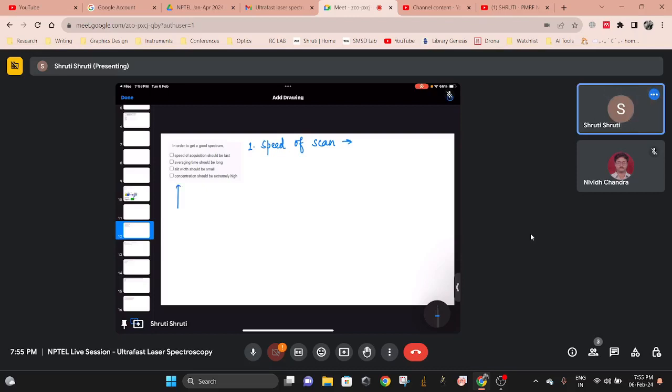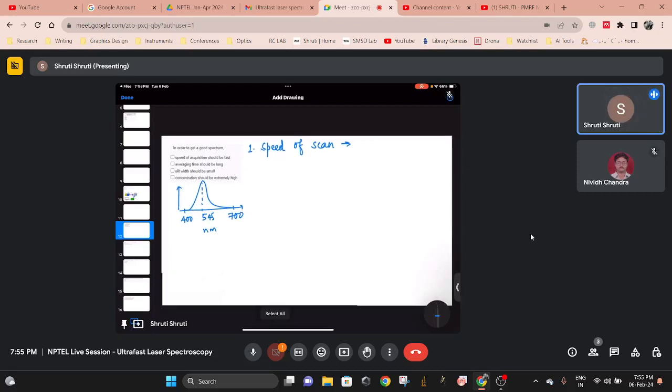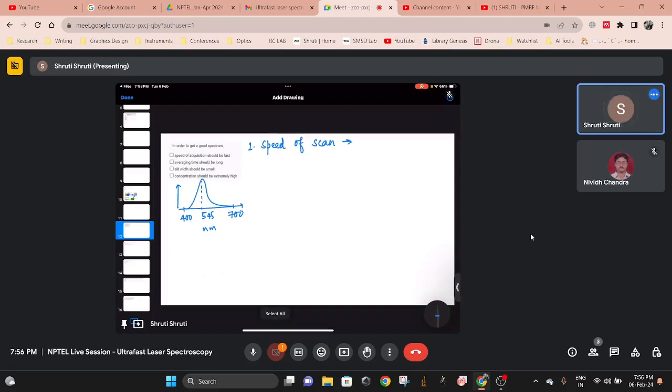Suppose your emission is like this, maybe 545 nanometer. So how fast you move from one wavelength to the other, what is the speed of acquisition, like integration at a particular wavelength.